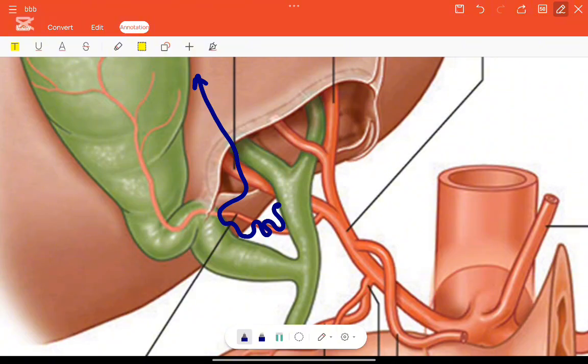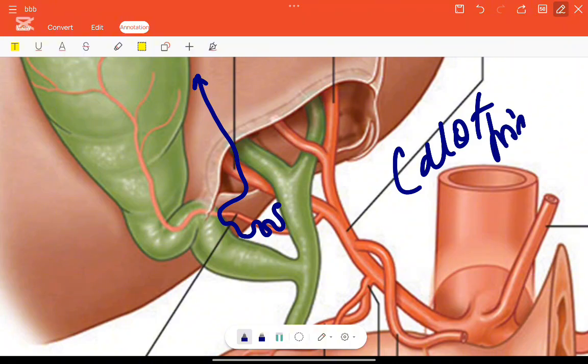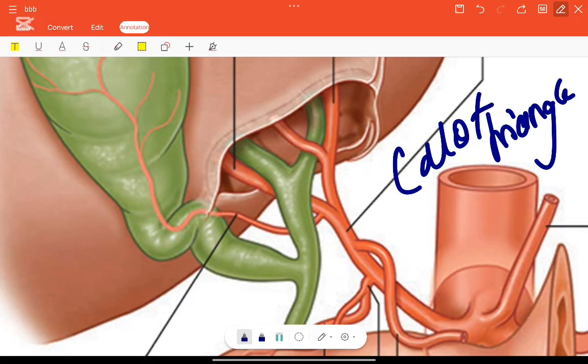Now in this case, the right hepatic artery is located in an anatomical region we call Calot triangle. This region is so important for us. It is bordered laterally and inferiorly by the cystic duct, superiorly by the undersurface of the liver, the visceral surface, and medially by the common hepatic duct.